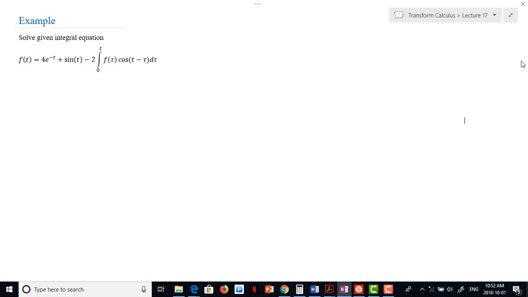In order to solve this equation and find f(t), we have to take Laplace transform from both sides of the equation. So if I take Laplace transform from left hand side of the equation, we have Laplace transform of f(t).